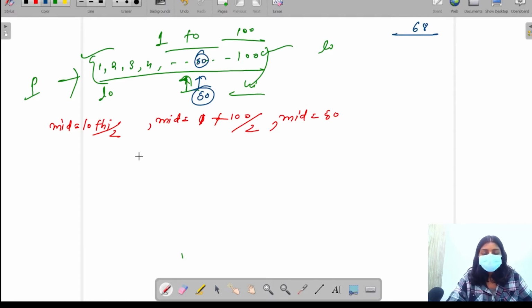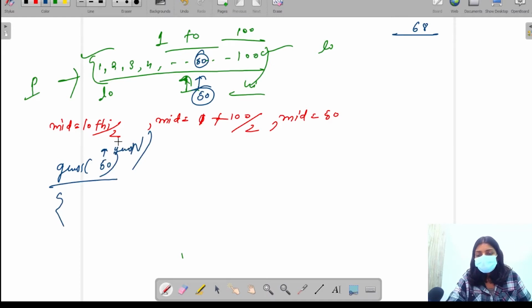Now I will call my guess function and pass my value, that is mid. Let's call it guess number, gn, for now. Now this method will check if my picked number is greater than gn, so it will return 1.